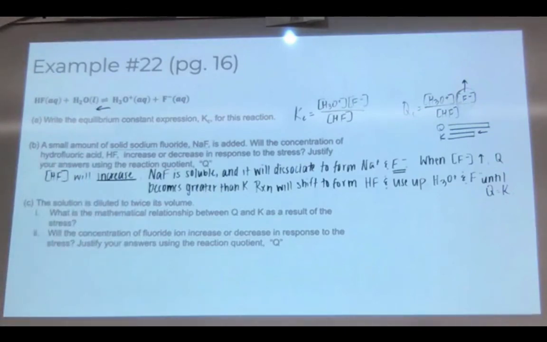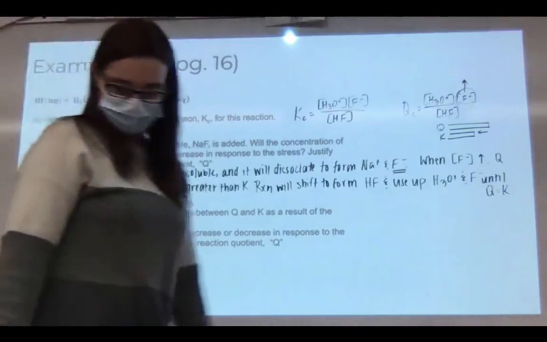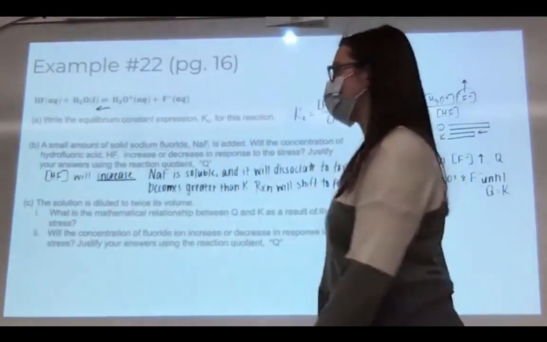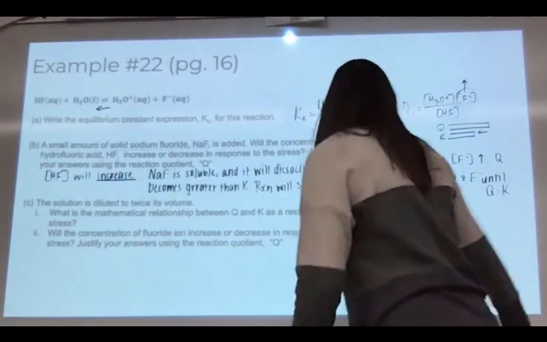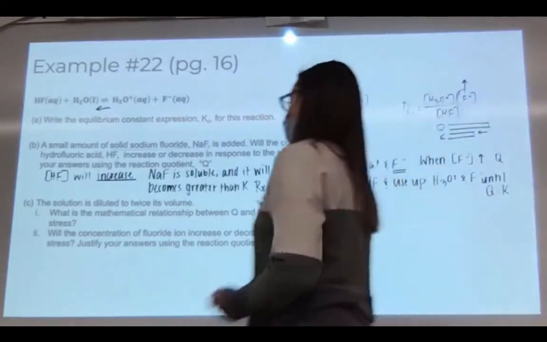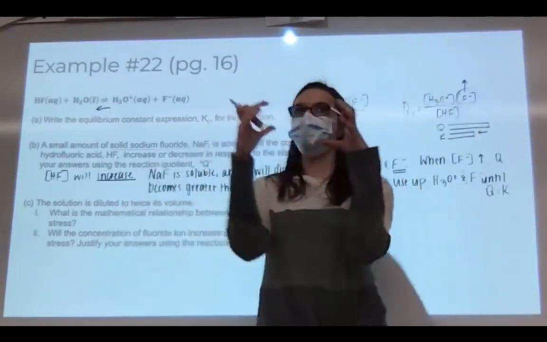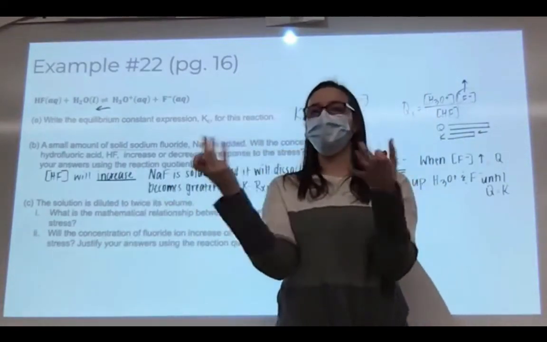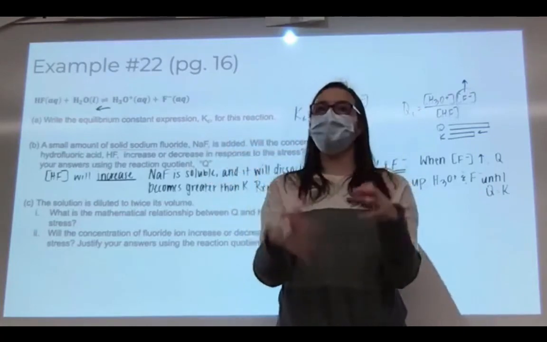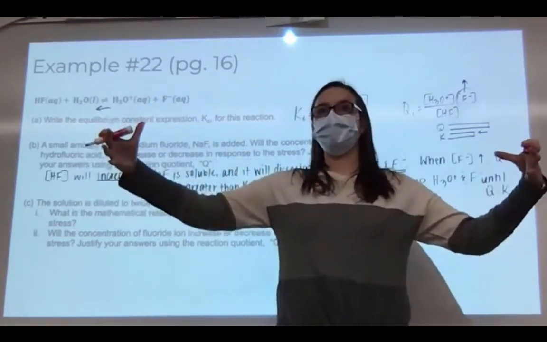So then the very last part, part C, the solution is diluted to twice its volume. Right, so let's think about what that means when dilution. Instead of a 1 liter container, we have a 2 liter container.